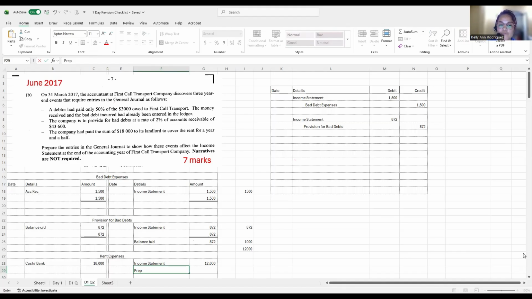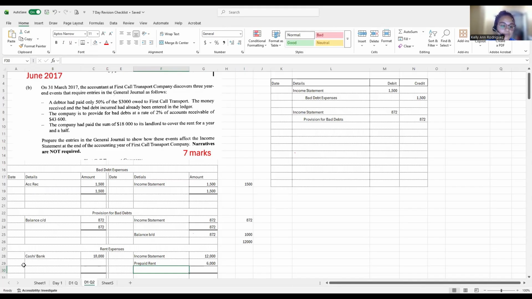An expense account is written off for the financial year that it incurs. So what happens is you are supposed to create a prepaid rent account by crediting your rent expense and opening a prepaid rent account. Prepayment is a current asset in your financial statement. So here you are supposed to have 6,000. Then it would have been balanced.